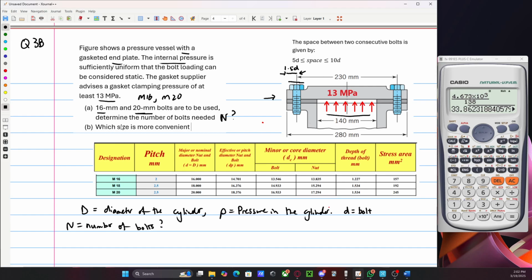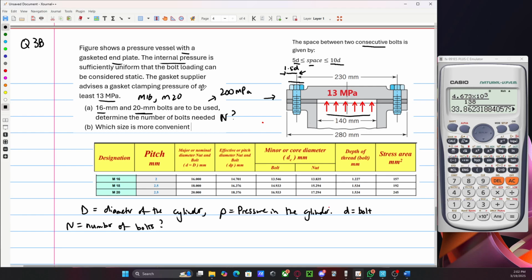And then at the end, we have to look at which size is more convenient, and we will do that in a bit. We're also told that the space between two consecutive bolts is 5d, and it has to be less than 10d. And the maximum allowable stress was also given, which is 200 MPa.